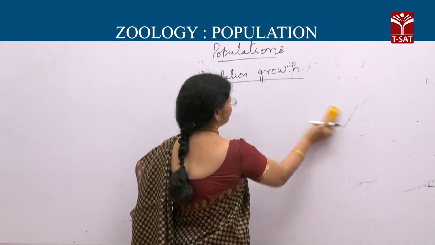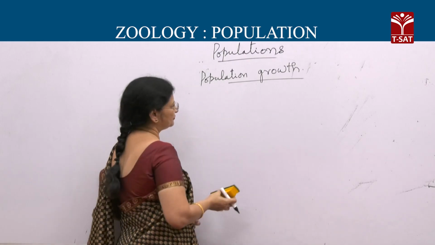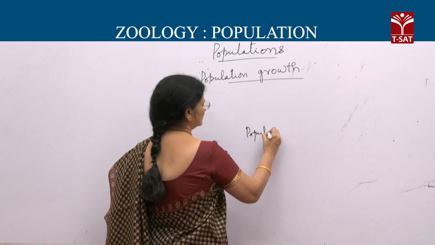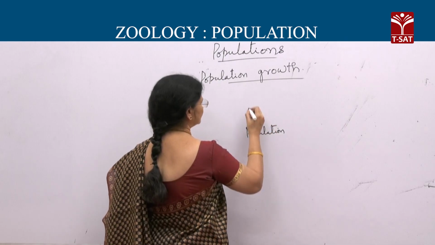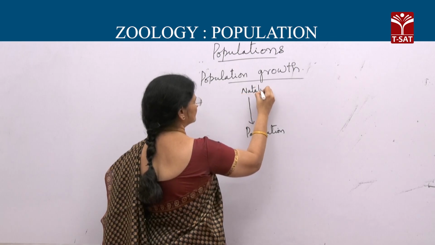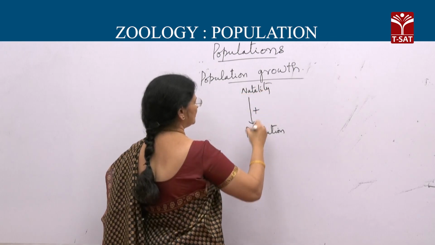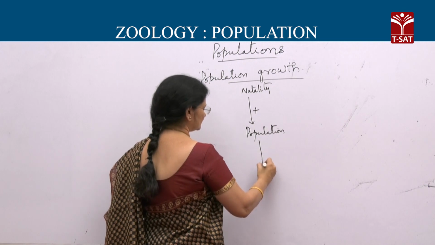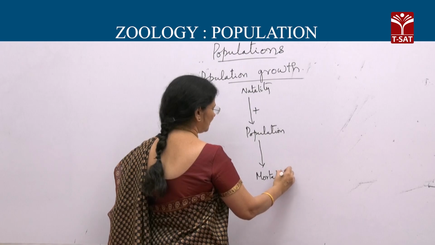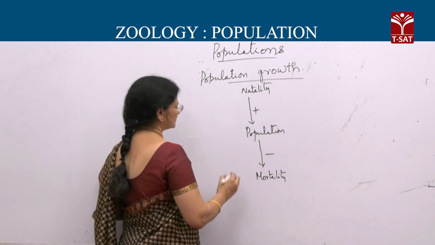So we can represent this in the form of an equation. By natality, the population will increase. By mortality, the population will decrease.